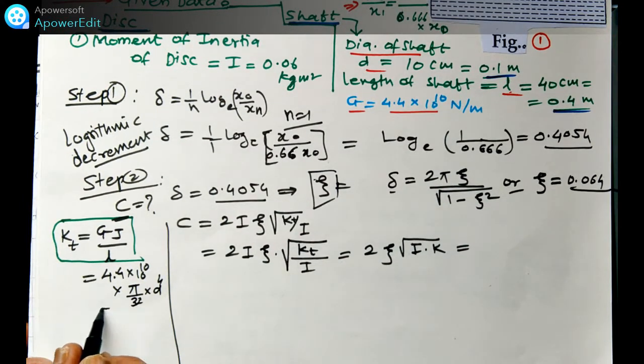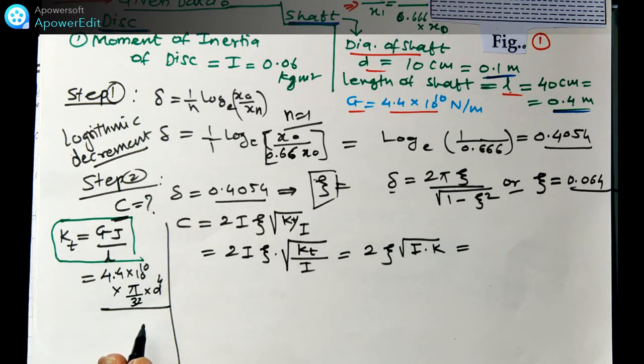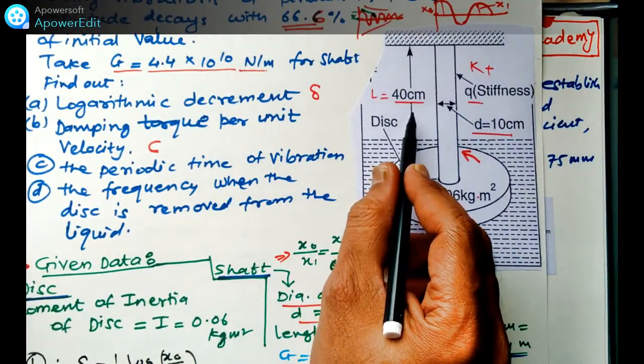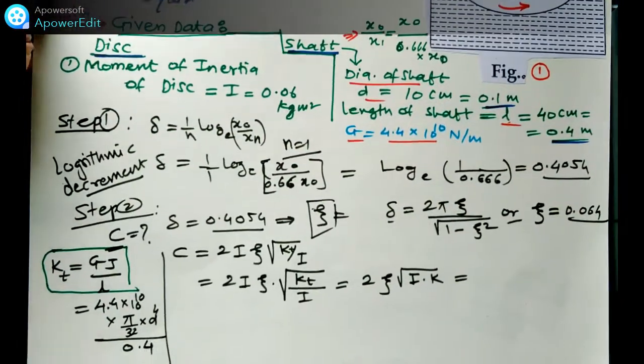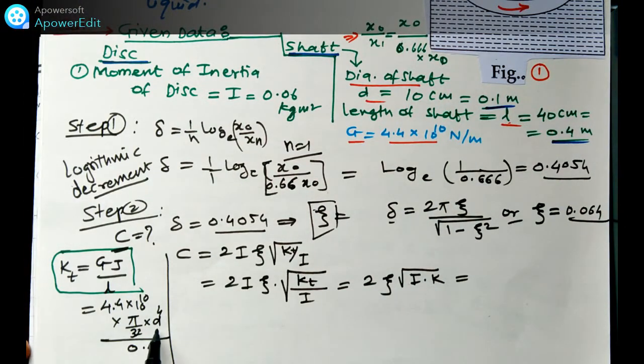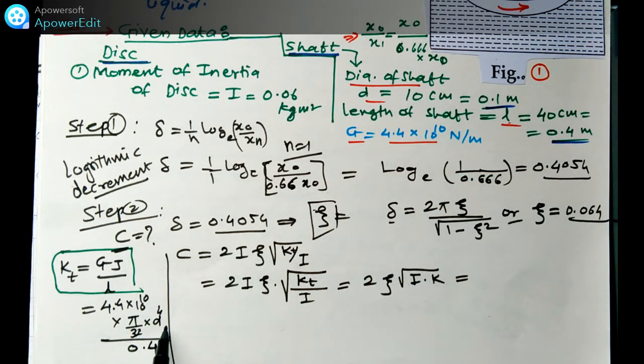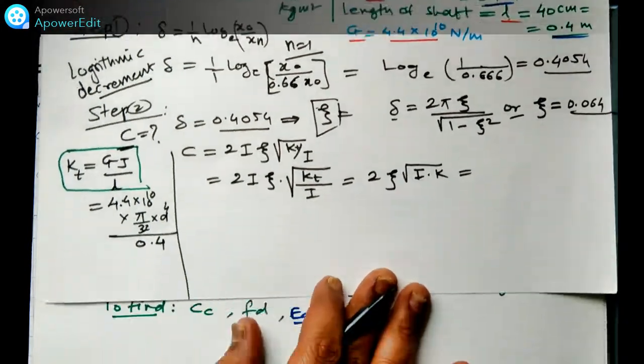In the denominator, L is given to you, that is 0.4. L is 0.4. D is also given to you, 0.1.